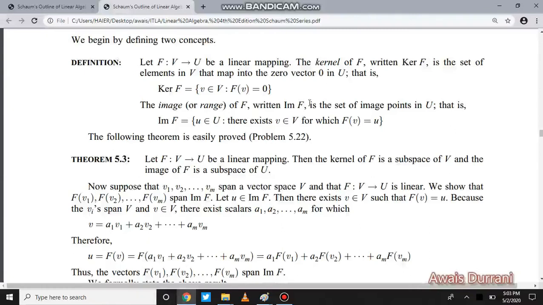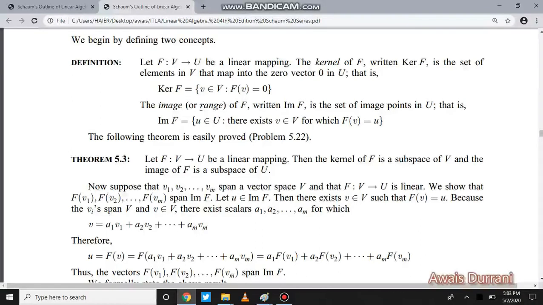We have studied in our previous lecture that if we have a set A, and the mapping is from A to B, then the image of A is the set of all those elements in B which are the images of some elements of A.